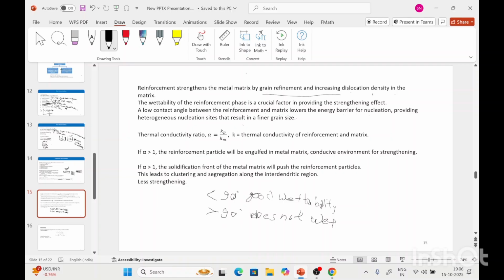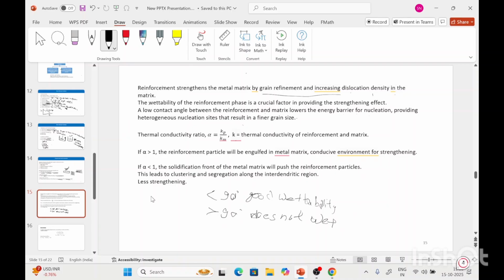And if alpha is less than 1, then the solidification front of the metal matrix will push the reinforcement particle and will not add it in the solidified metal. So that will not create any strengthening effect.